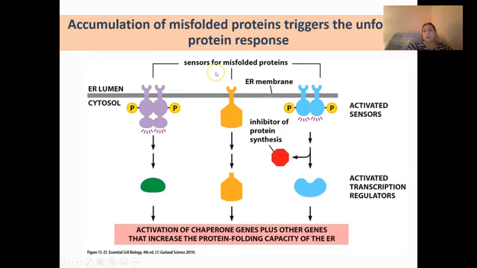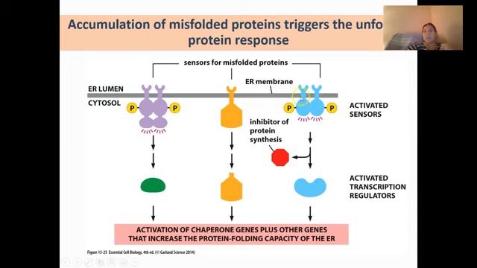When you do have a mutation that causes a protein to be misfolded, or you have some other problem with the protein so that it is misfolded, there are many sensors in place to make sure that that is caught in time before that protein ends up at the location where it's supposed to do work, since it won't be able to perform its work appropriately in its misfolded state.